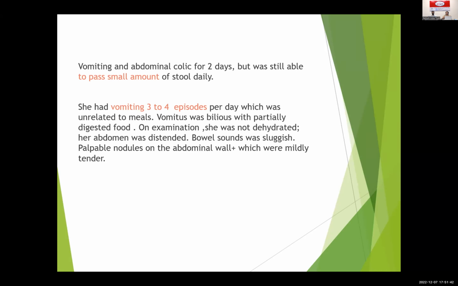So here she's presenting with partial bowel obstruction. What are the indicators? How did you understand it is partial obstruction? Because she is passing some amount of stool. Okay, what else? And bowel sounds are present.